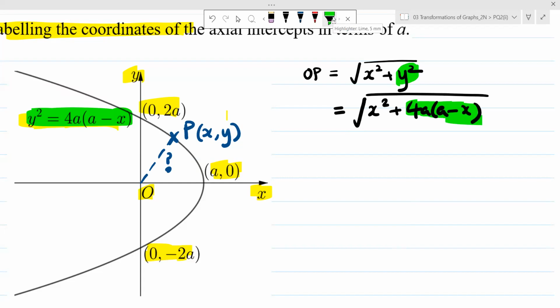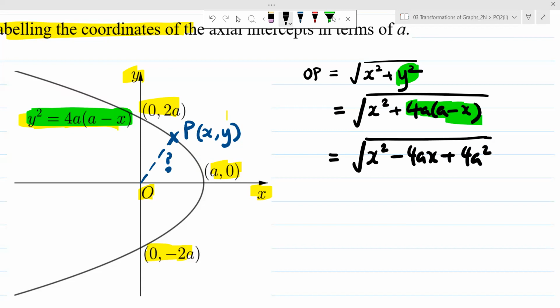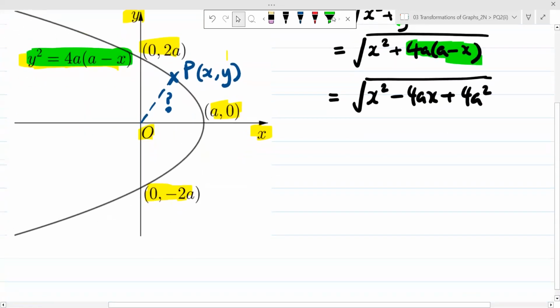Okay? Then next thing you do is you simplify. Then you realize this question wasn't constructed randomly lah. Why 4a? Why not a? Why is the setter so extra? Go and put 4a. Actually, a, yeah, a will have something else. Okay, so this is a perfect square.